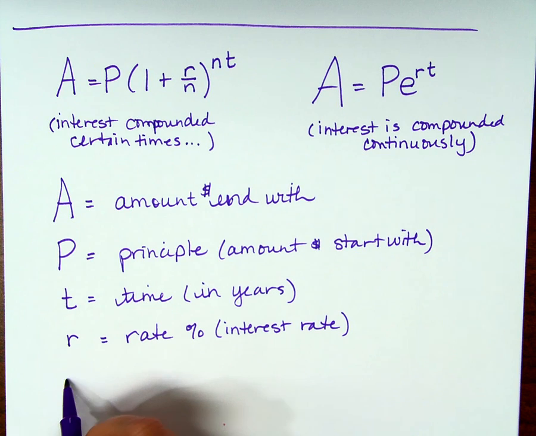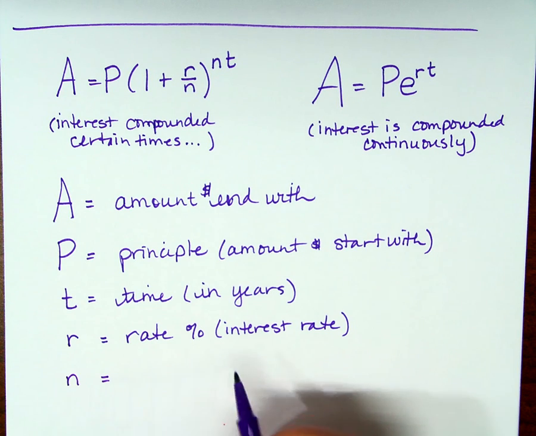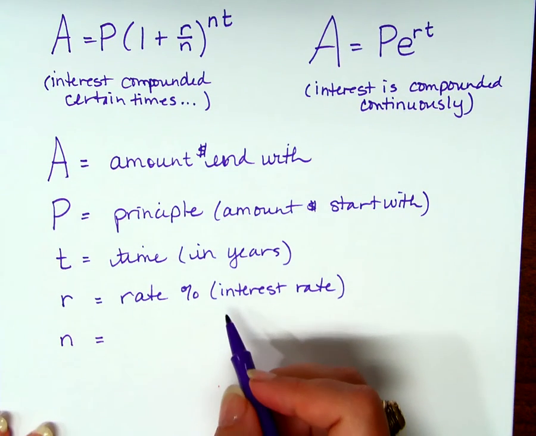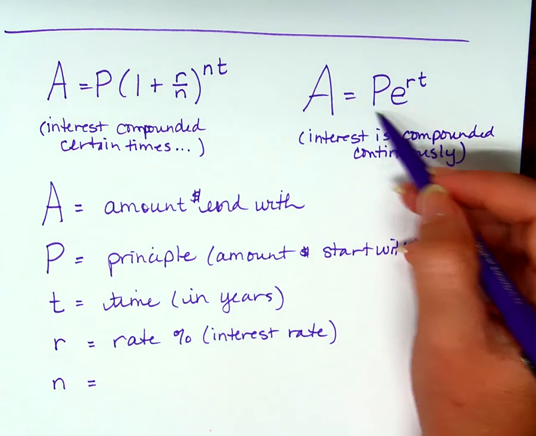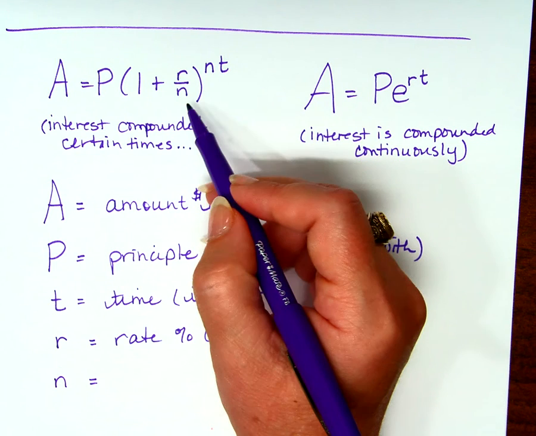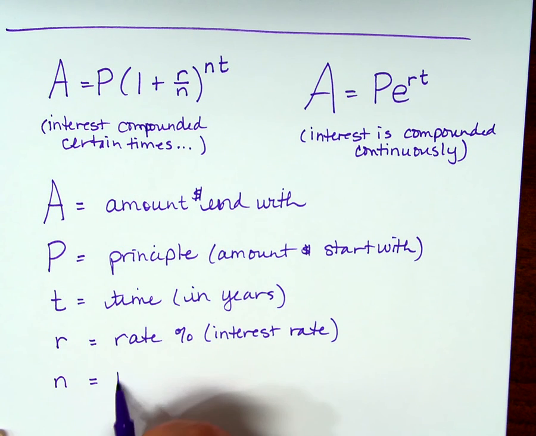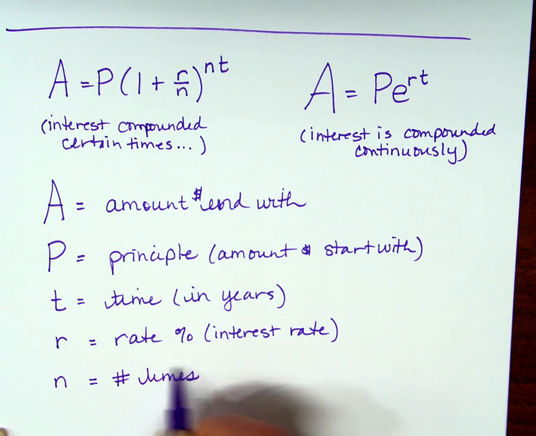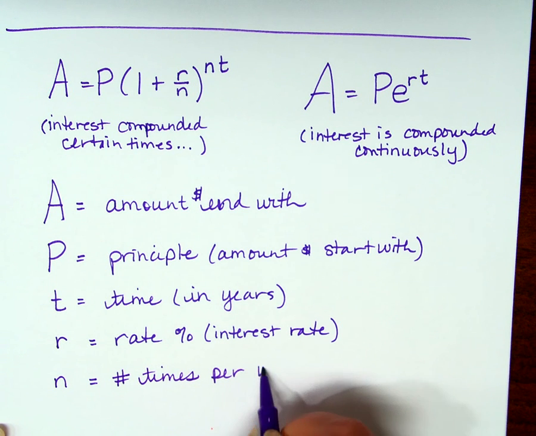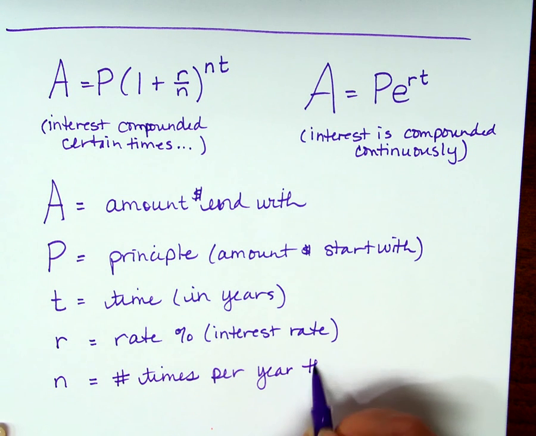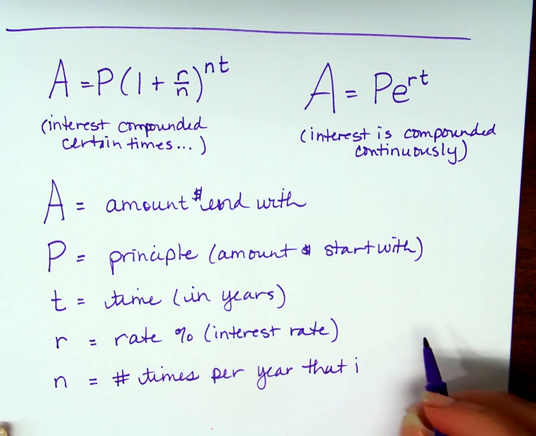And N. There's not an N in this one, okay, but there's definitely an N here and here. It's the same value both times. It's the number of times per year that the interest is compounded.